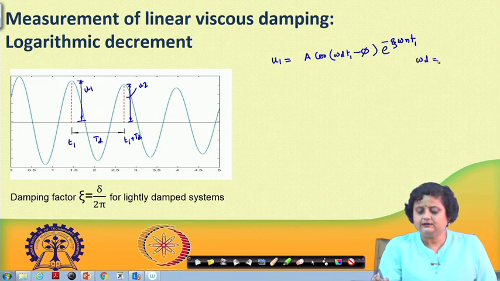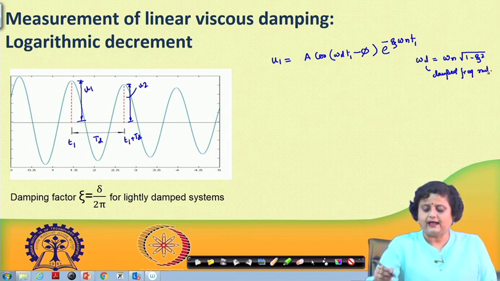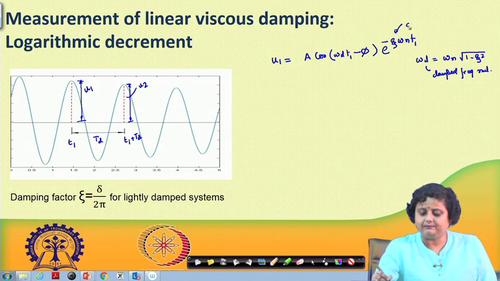Just to repeat, omega d is nothing but omega n square root of 1 minus zeta square, and this is called the damped natural frequency. We have already talked about this in the earlier lecture; this is just a recap. And zeta is the damping factor or damping ratio that we are trying to find out through this process.